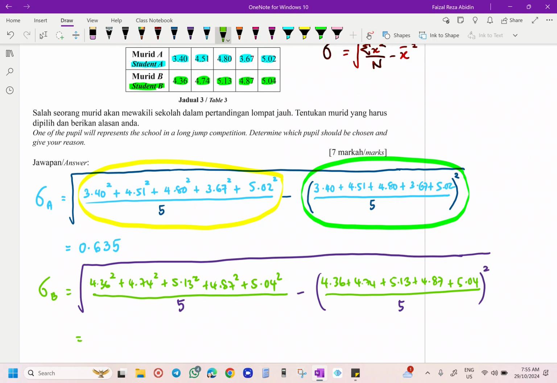What do you get? You want to find separately, also can. You find straight away, also can. Anyone?